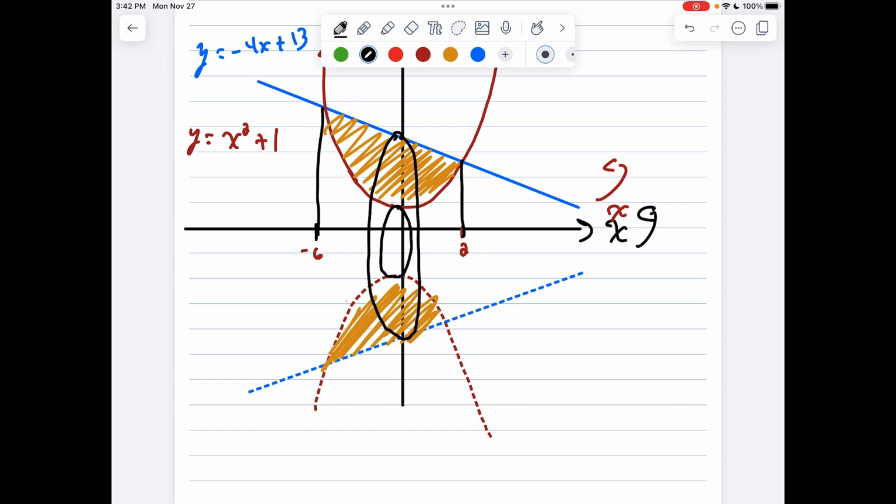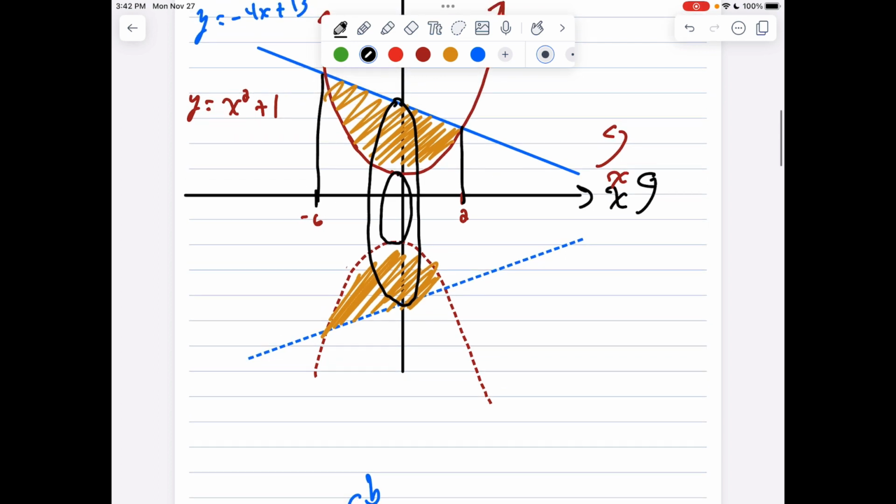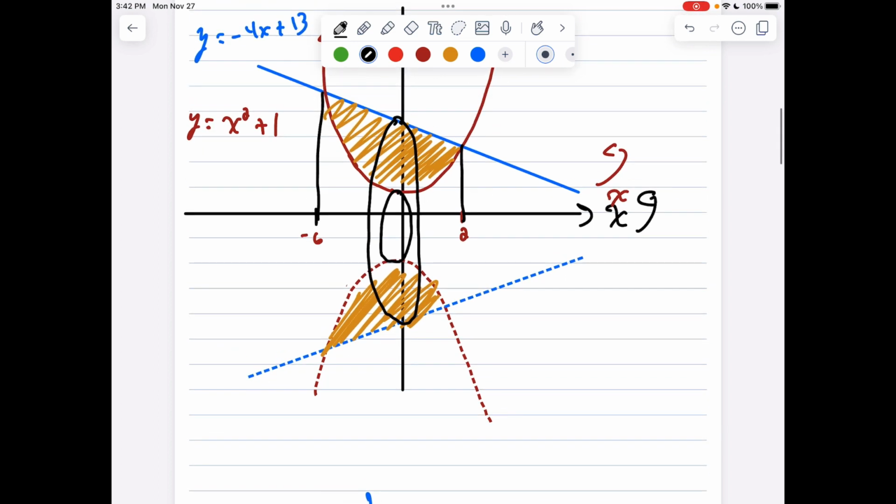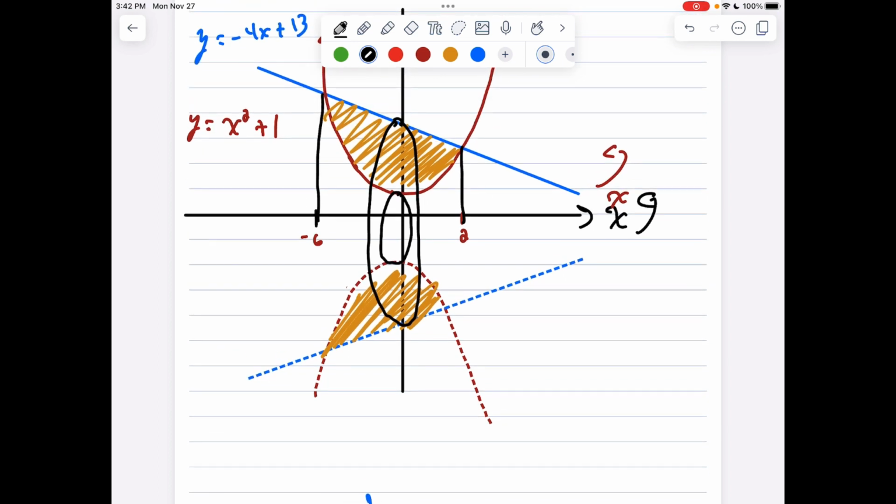And you have that gap in the middle, and people think, oh, it looks like a washer, one of those things that you use to fasten a bolt or something. So that's why we call that the washer method. And this is a three-dimensional object.